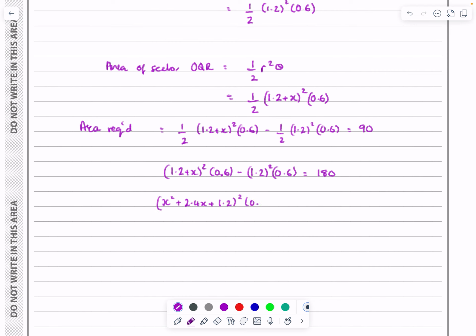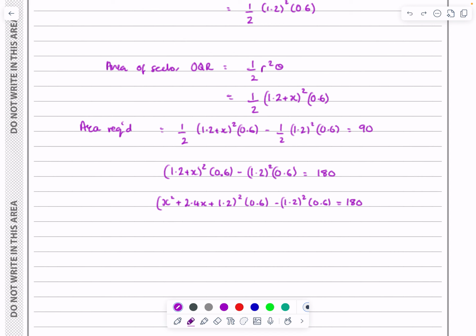That multiplied by 0.6 minus 1.2 squared multiplied by 0.6 is equal to 180. And then if I look at this part in here and this part in here, they're actually cancelling each other out.